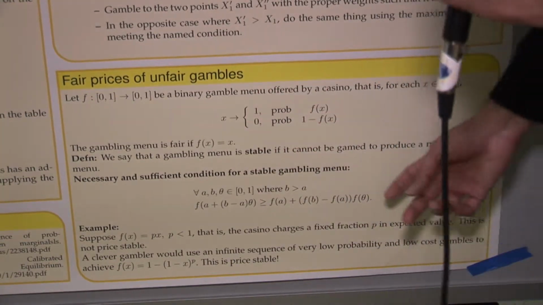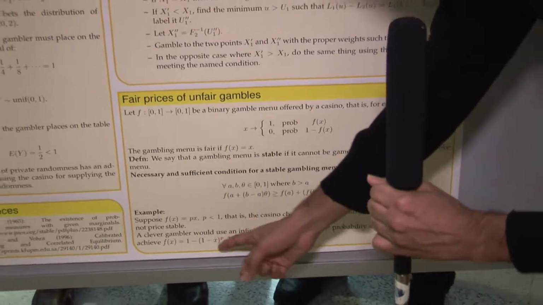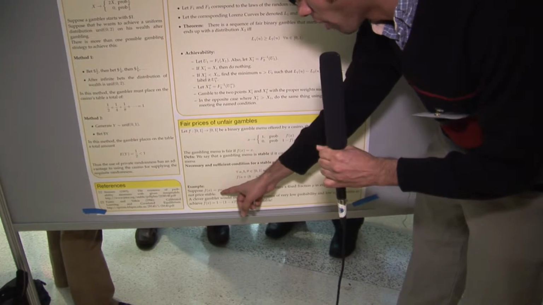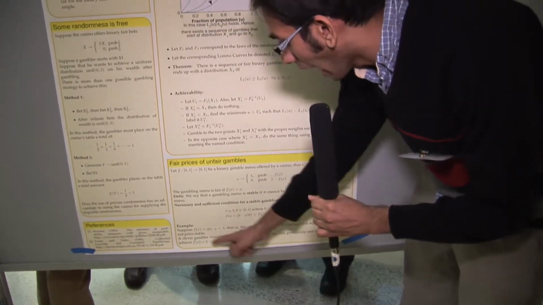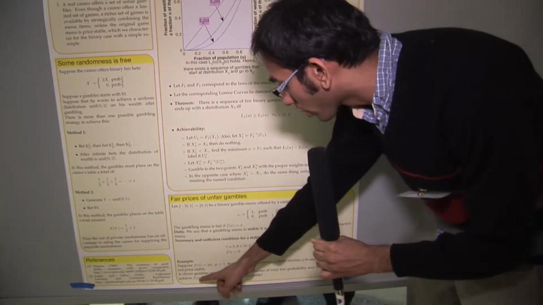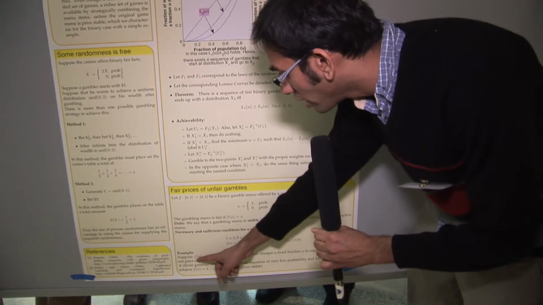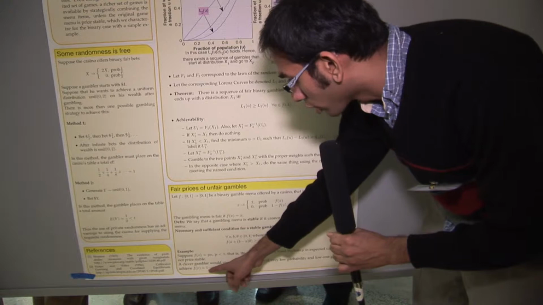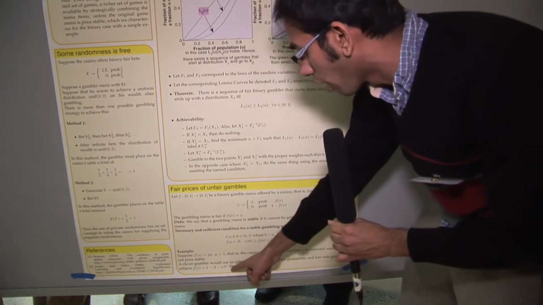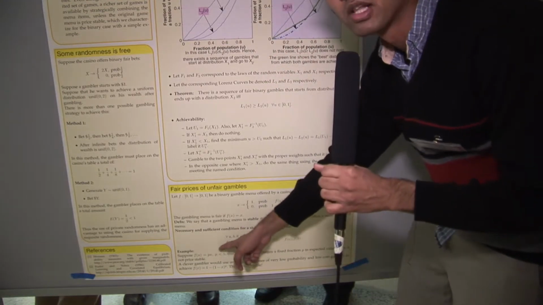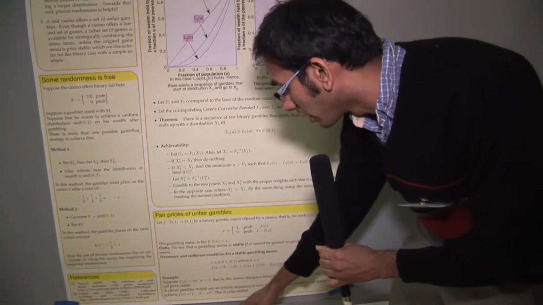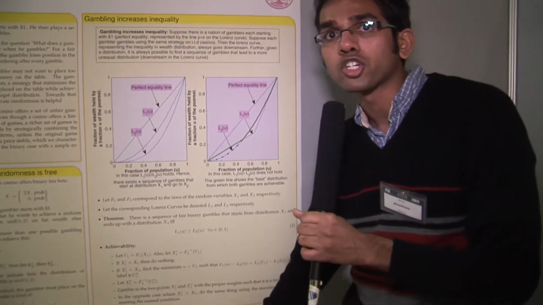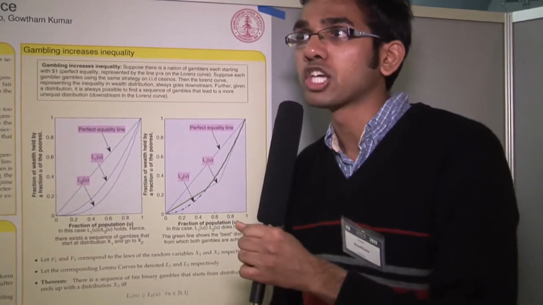So, we give a very simple example where the house has a fixed percentage of house stake, and a strategic gambler can combine these gambles strategically to get a better probability of winning. He could combine many unfair gambles to get a better probability. And this f of X here satisfies the stability condition, so you cannot do better than this. We have achieved the best.